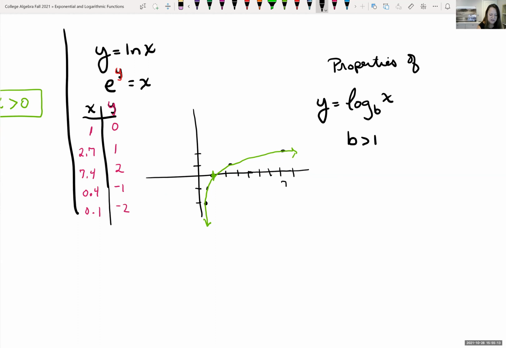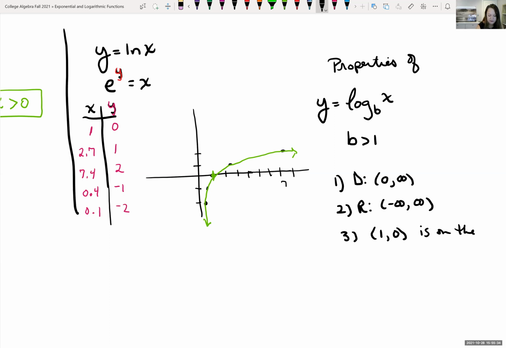So notice that our domain is 0 to infinity. Our range is -infinity to infinity. We have that point 1, 0 is on the graph, which makes sense because that point 0, 1 was on the graph for its inverse function.